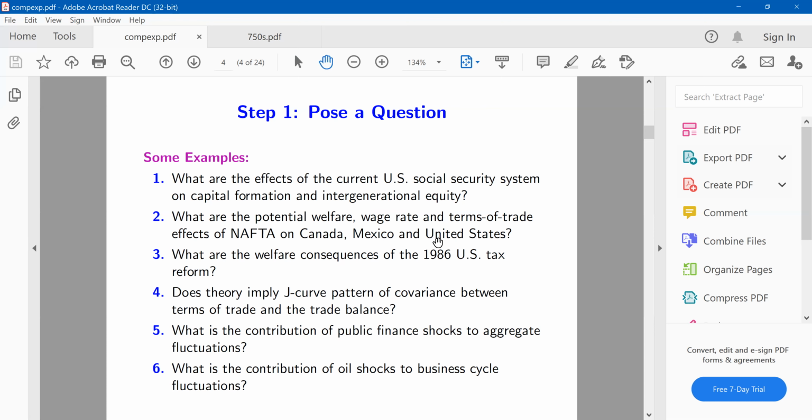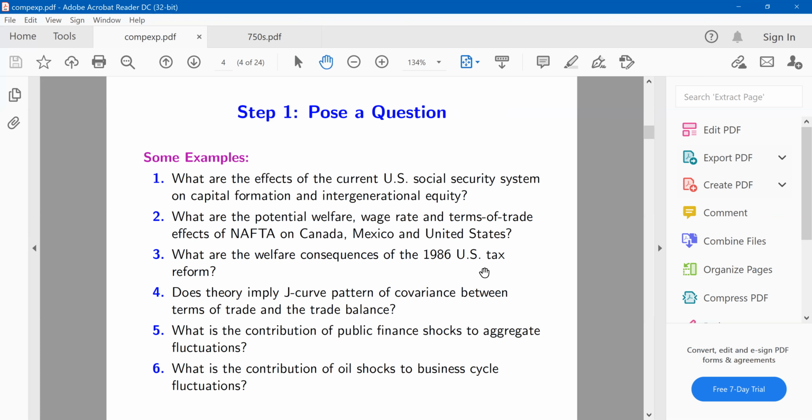So again, it's ex ante or ex post, but in this particular example, this is an ex post question that studies the effects of this North American Free Trade Agreement. Another example is: what are the welfare consequences of the 1986 US tax reform? So obviously there was this tax reform, right?